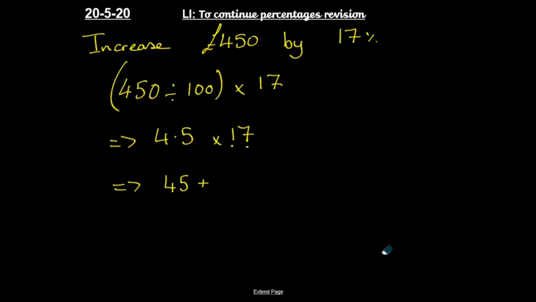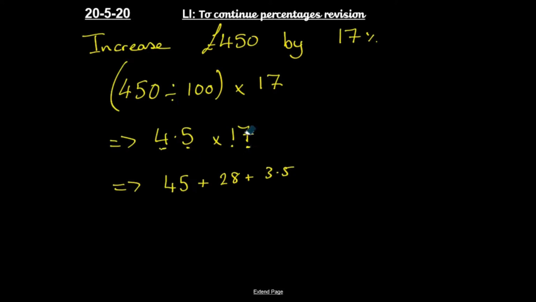And then I'll add 7 times 4.5. Well, 7 times 4 is 28, and then 7 times 0.5, well, that's halving, so half of 7 is 3.5.